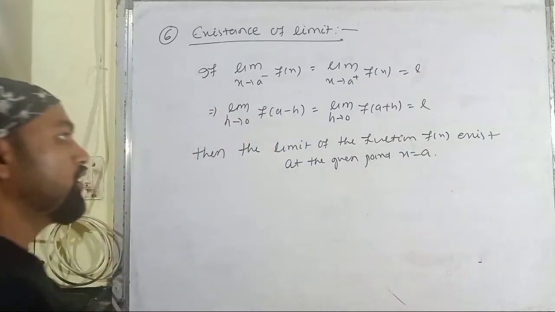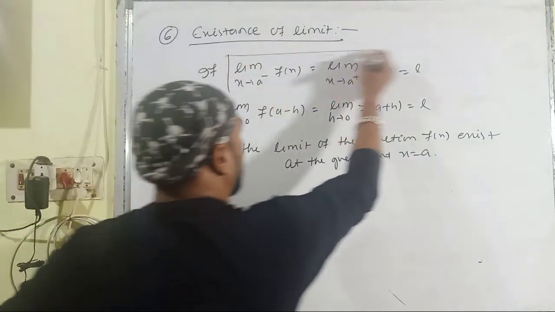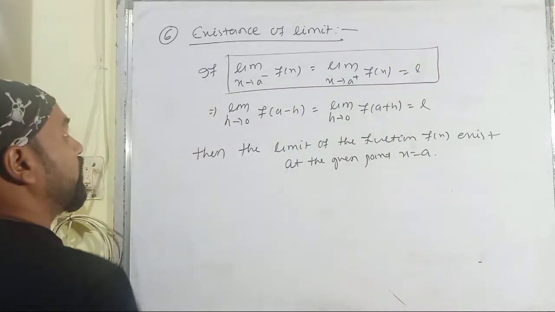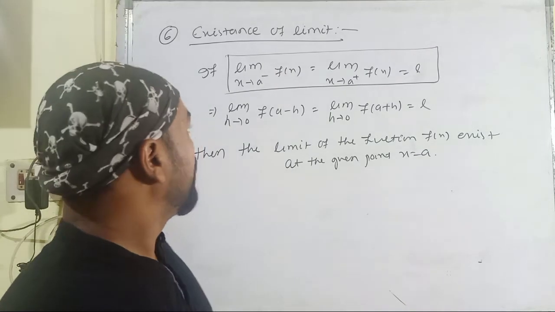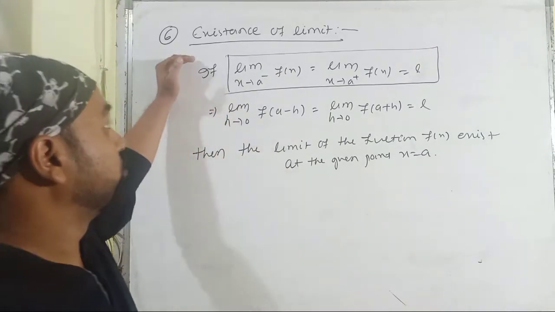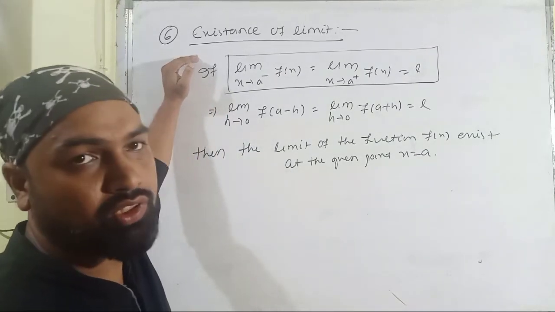So this is the definition, or the required condition for the existence of a limit, and we have to use this existence of limit formula for the problems based upon the existence of limit.